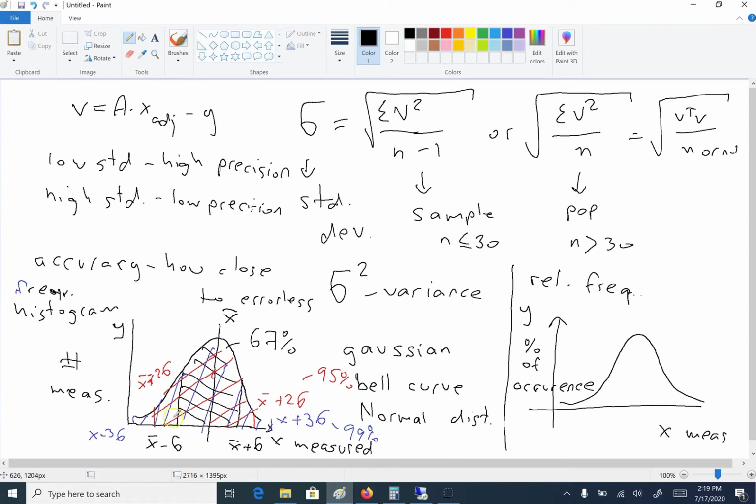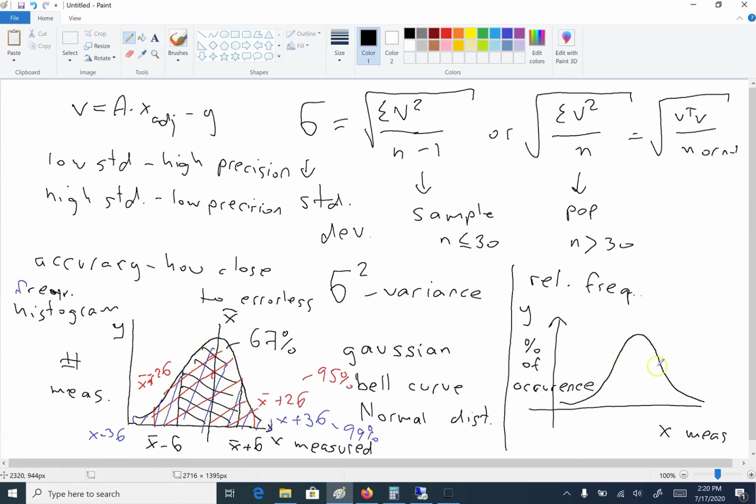Over here, if we add up the number of measurements for each class, we get the actual number of measurements. That is, the area under this contains the actual number of measurements.